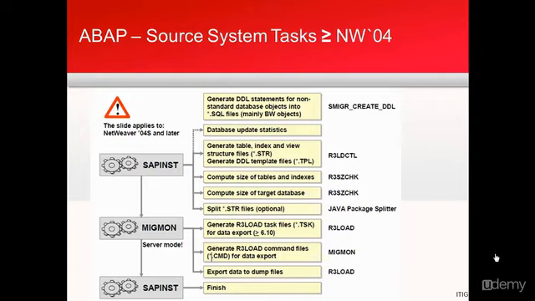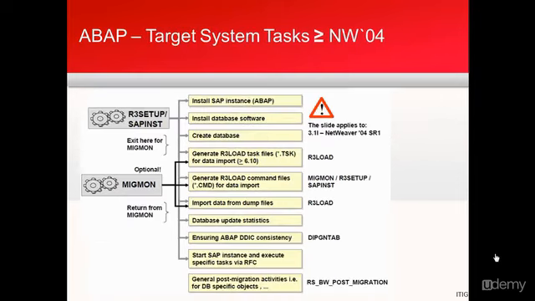In this you can see that some SAPINST functionalities have been removed and Migmon is called instead. Migmon is performing a bigger role than it was doing previously, and after the export is completed Migmon gives the control back to SAPINST. That is the main difference there.